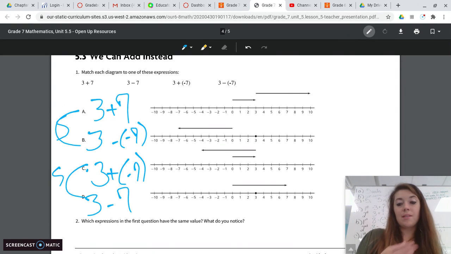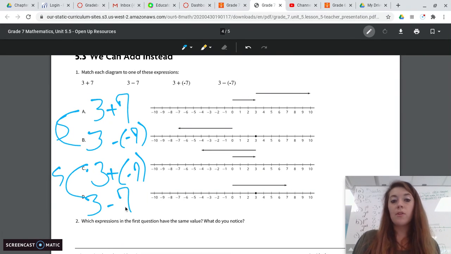So we should notice that subtracting a number is the same thing as adding its opposite. So just like what we see right here, if we do 3 plus -7, it's the same as doing 3 minus 7. -7 and 7 are opposites. So that's equivalent. So remember, equivalent is your key word for this lesson.